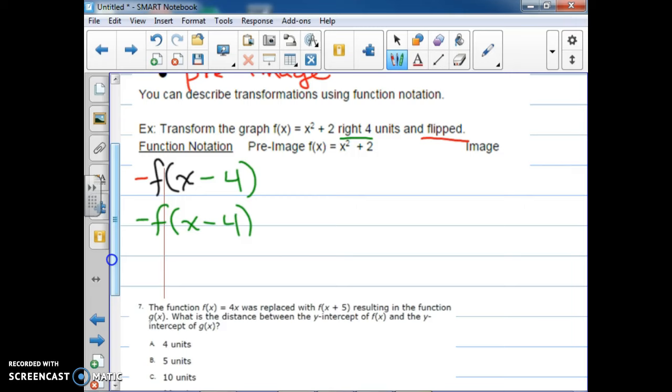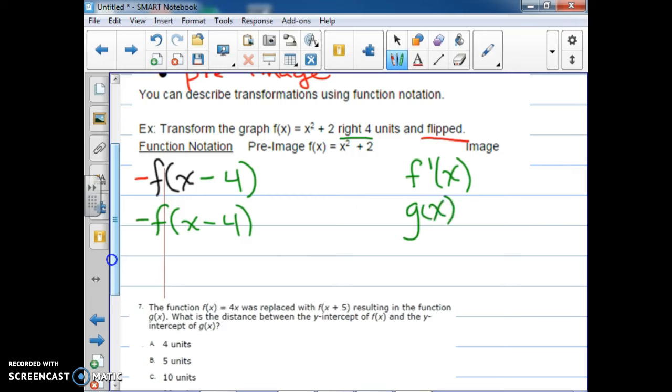Alright, so sometimes your problem will say that your transformation results in a new function, okay, called the image. Okay, it can be f prime of x, or it could be g of x, something like that.